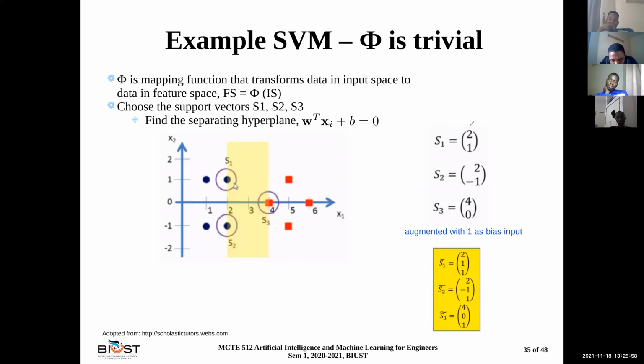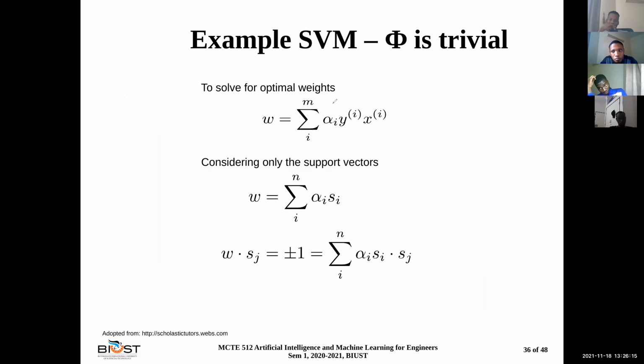I should emphasize that the equations we are using here are already the equations that we derived in terms of optimizing support vector machines. So whatever the output W is from these computations will be our optimal W that will give us the correct classification.